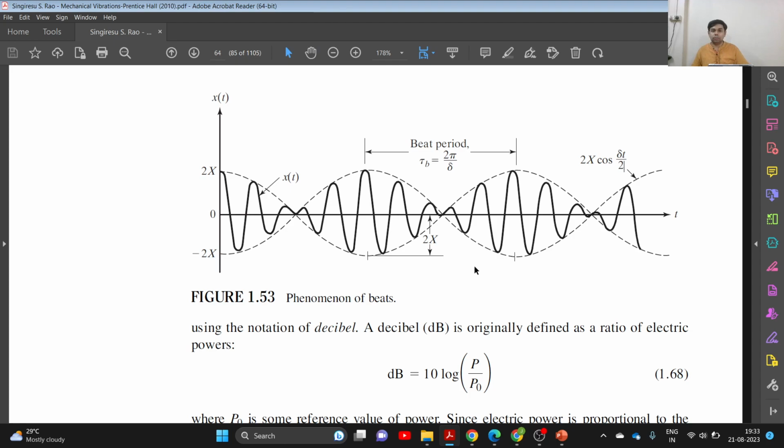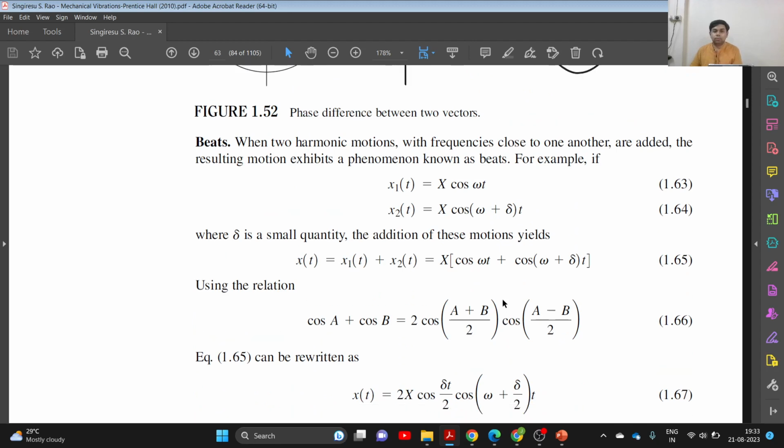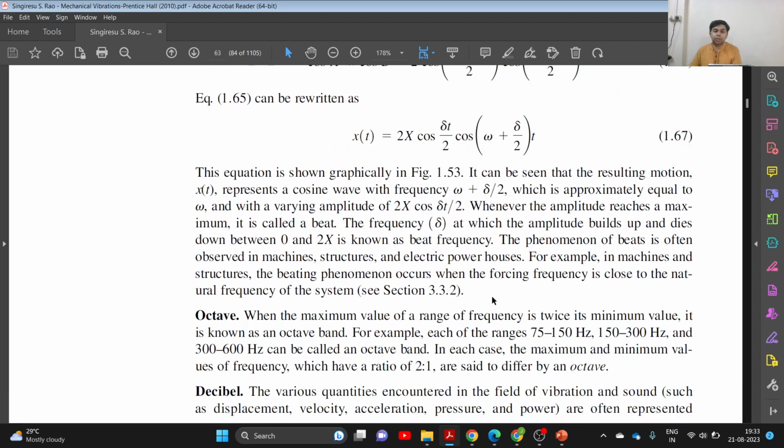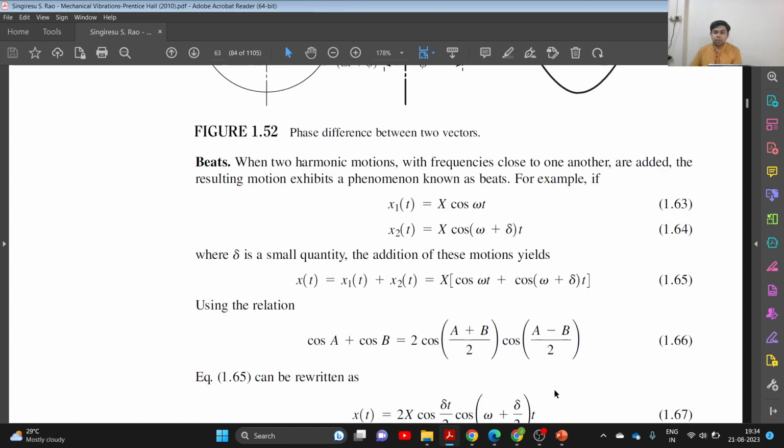Yes, sir. But in the previous x of t formula, we are not getting that same time period, no, sir. Which x of t formula? This x of t wave equation. I didn't get which formula you meant. Yes, sir, this one, 1.6.